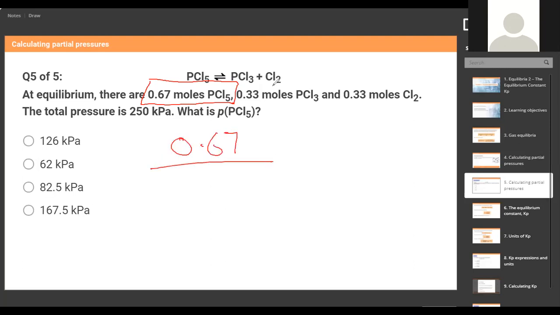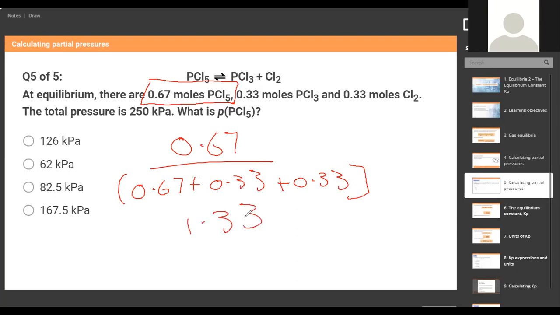We need to add all our other moles up to get our total number of moles. So we've got 0.67 moles plus 0.33 plus 0.33, which would give us 1.33.